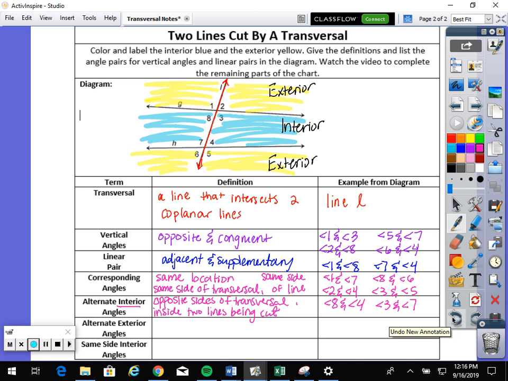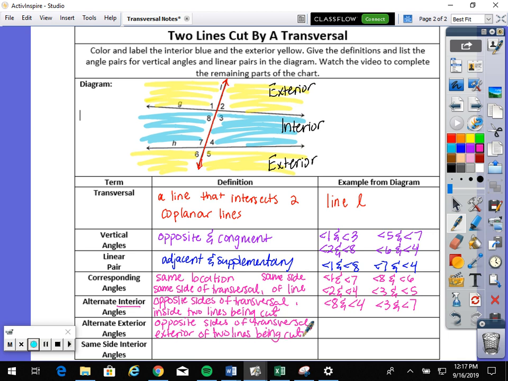So we're going to move on to the next one, alternate exterior. So again, still opposite sides of the transversal, but now it's going to be on the exterior of the two lines being cut. So opposite sides of transversal, and then now on the exterior of the lines being cut.